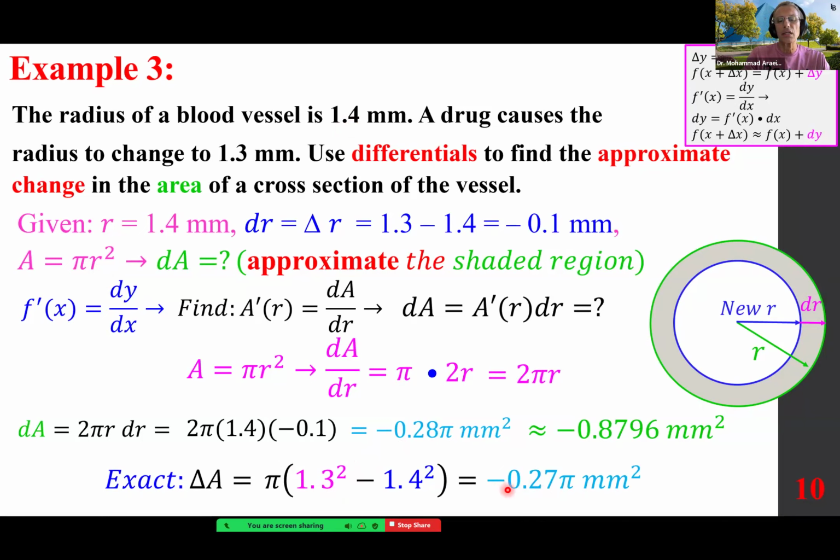Notice the answer is negative 0.27 pi. Negative means it has gone down, it shrinks, because we are dealing with the blood vessel and the drug causing it to get smaller. And when you compare negative 0.27 pi millimeters squared to negative 0.28 pi millimeters squared, they're pretty close.